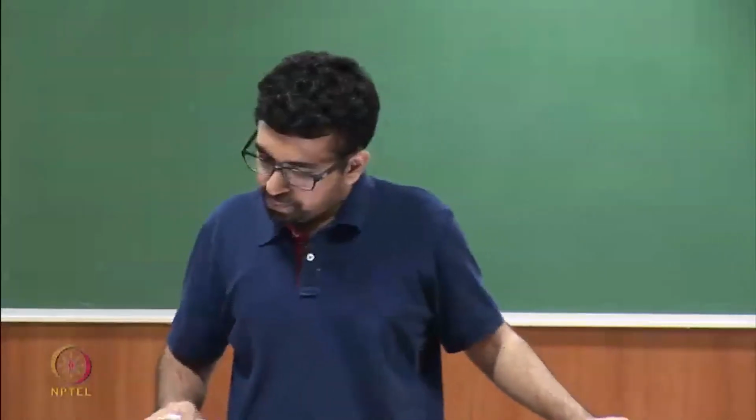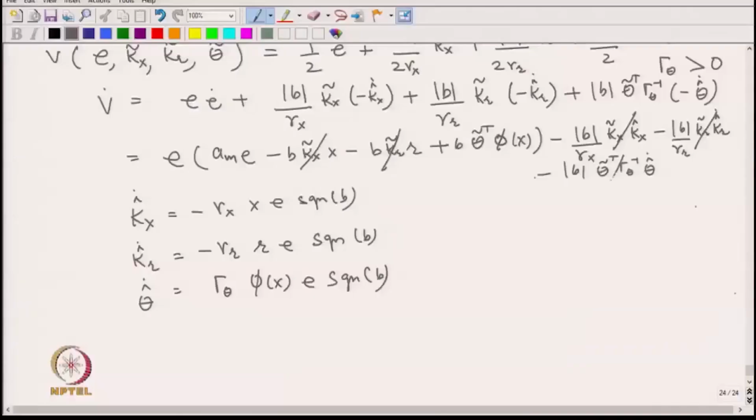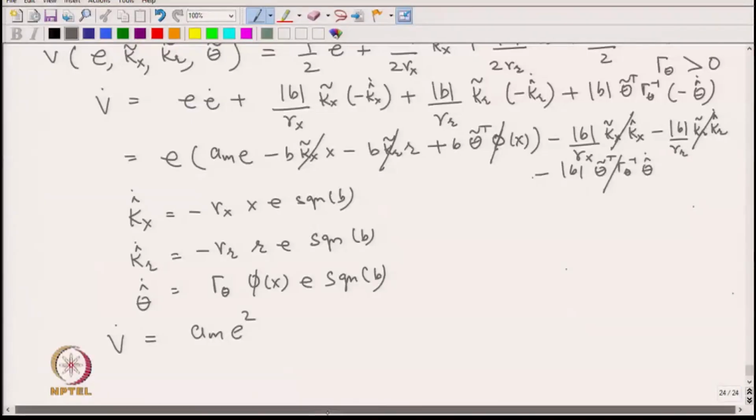Okay, so with this we are able to cancel all these terms, and we end up with V dot equal to a_m e squared. So this is negative semi-definite.